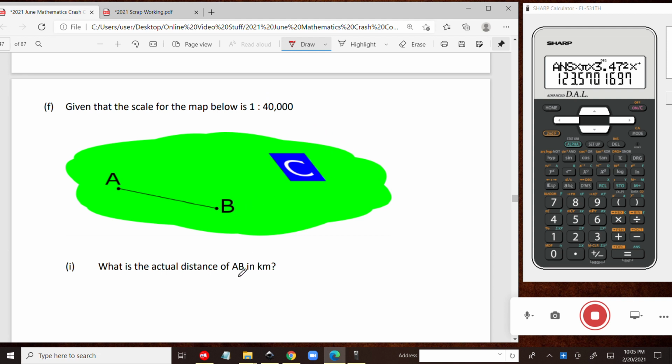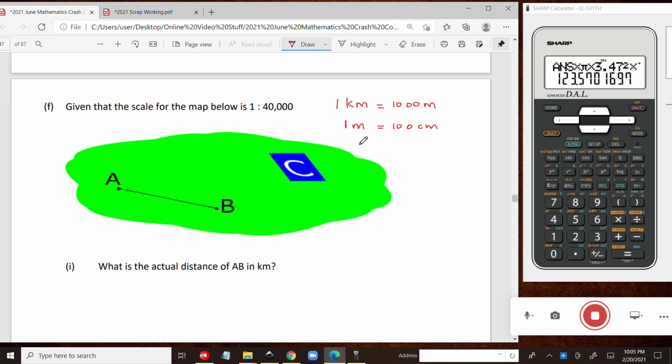Now, we need to clear up a few things because I'm pretty sure some of you may be confused about how you convert centimeters to meters or whatnot. So let's work on that first. First of all, 1 kilometer is equal to 1,000 meters. And 1 meter has 100 centimeters in it.